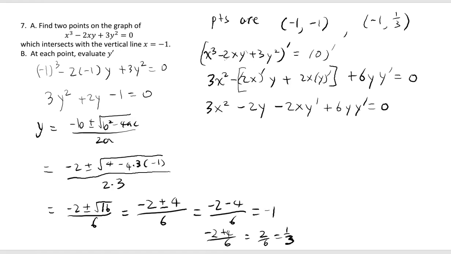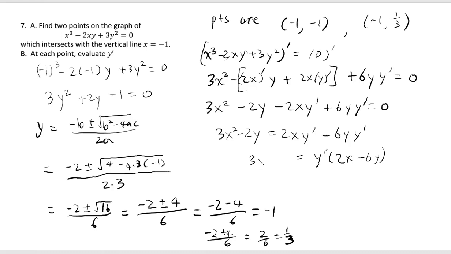Move these two to the other side and you get 3x squared minus 2y equals to 2xy prime minus 6y y prime. Okay, when you factor the y prime out, I end up with 2x minus 6y.